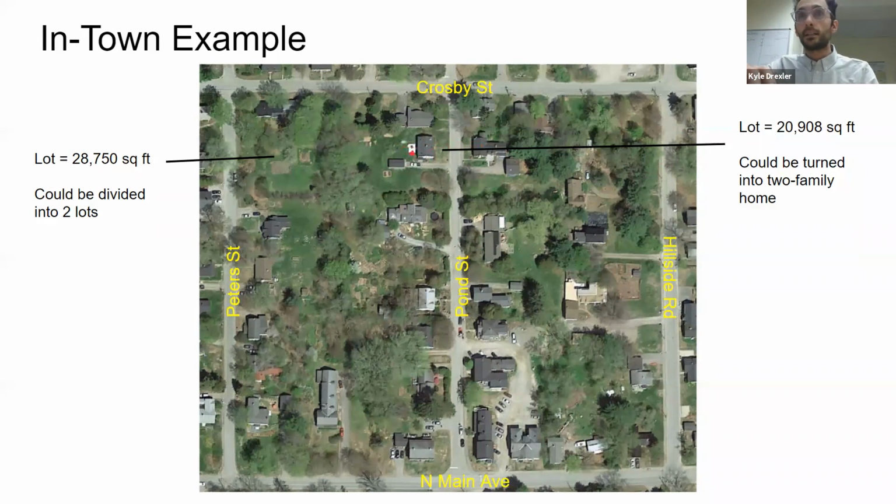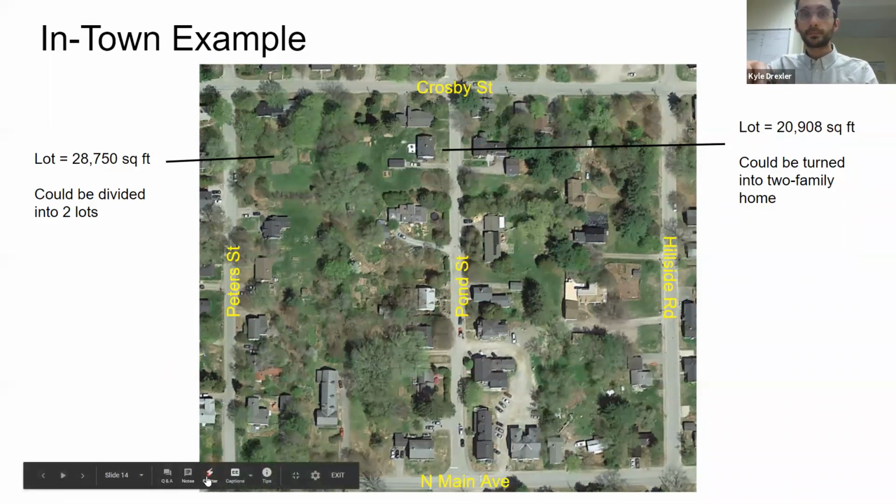That minimum lot size is available for 2 lots, but the orientation of the house makes it so that there's not really room to create that second lot. So in a situation like this, maybe they would be more interested in converting a single family home into a 2-family home. And again, these are just examples.